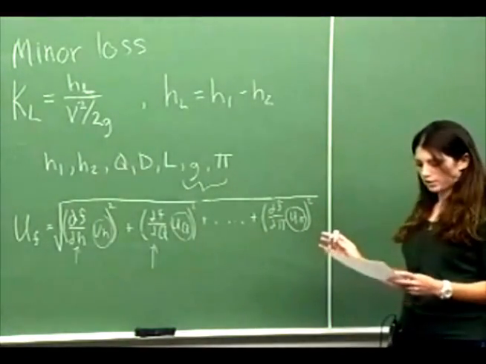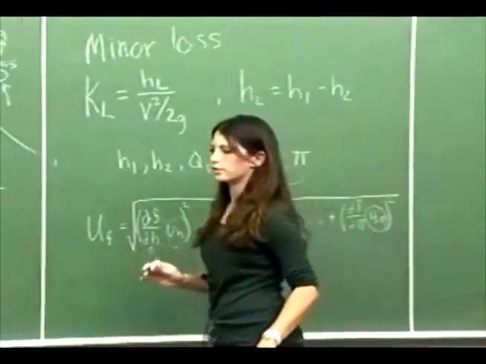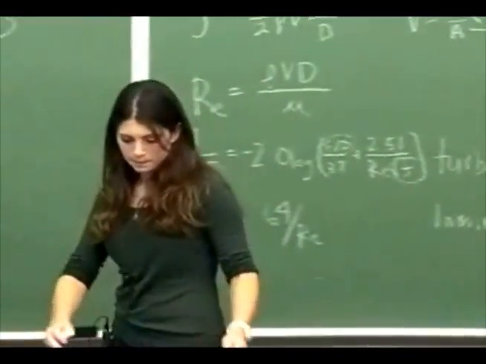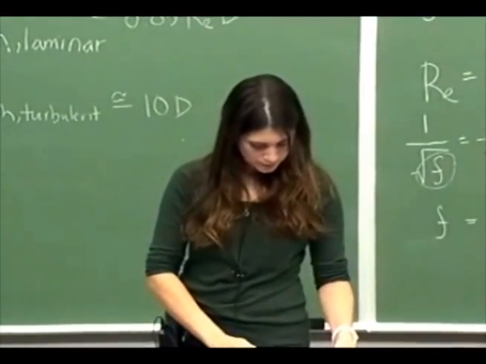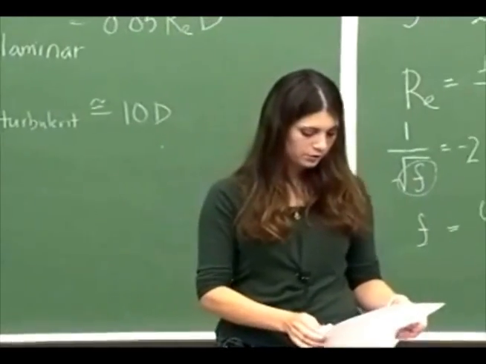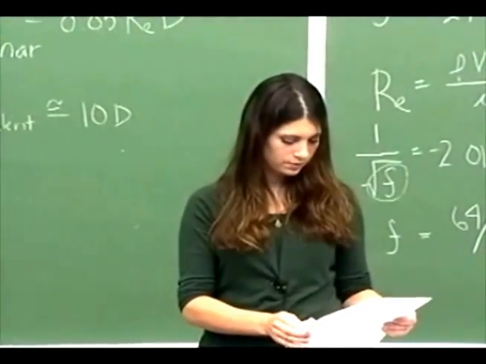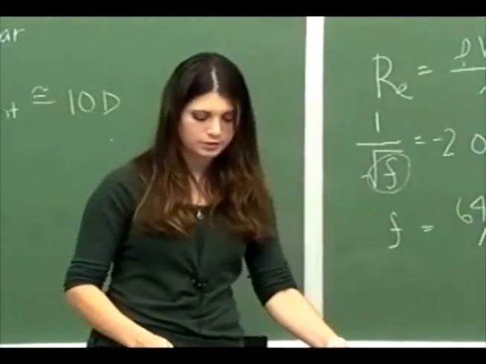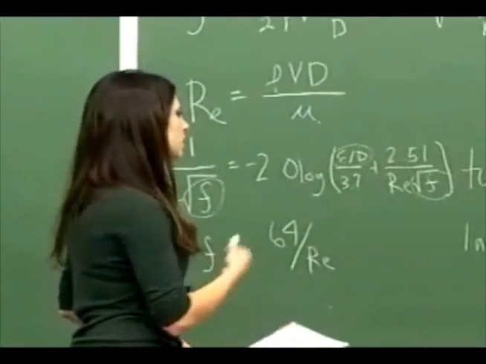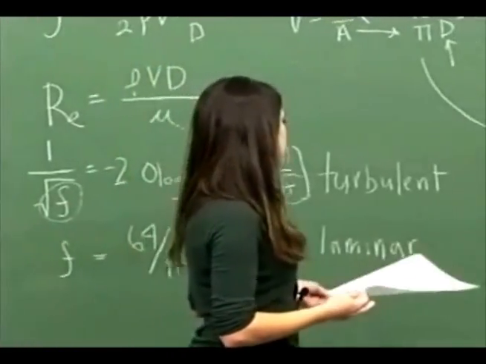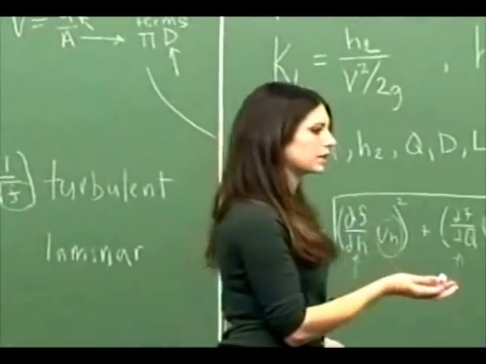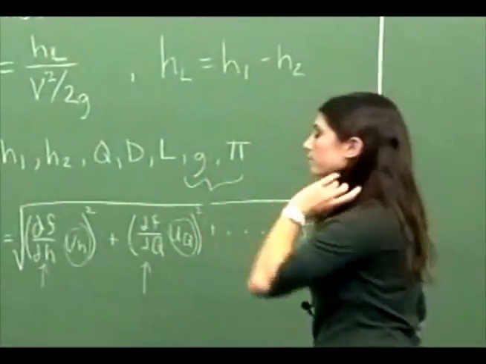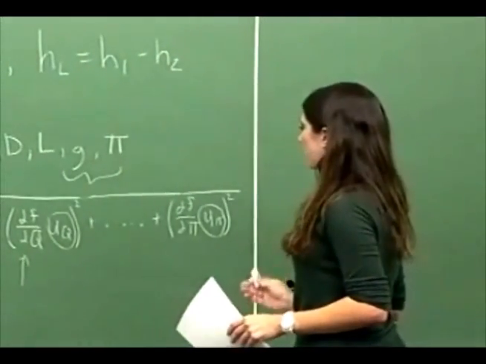So in the lab report, you need to plot your head loss versus flow rate and your friction factor versus Reynolds number. So for your head loss versus flow rate, you'll also need to include the uncertainties, but they shouldn't be this complicated because those values were directly measured.